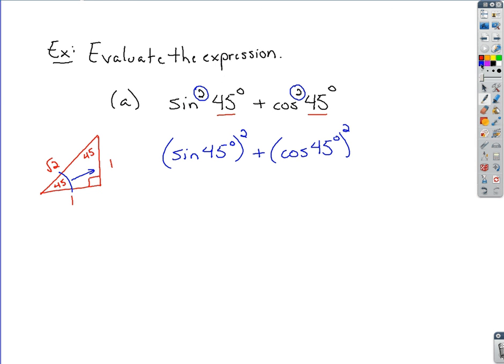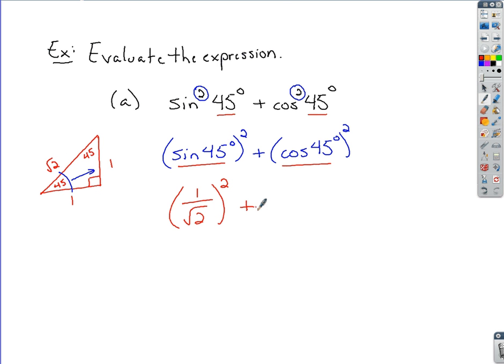So evaluating these inside parts that are being squared, sine is opposite over hypotenuse. So I've got my triangle here. Opposite 45 is 1. Hypotenuse is root 2. This inside stuff becomes 1 over root 2, and it'd be 1 over root 2 as a quantity squared.